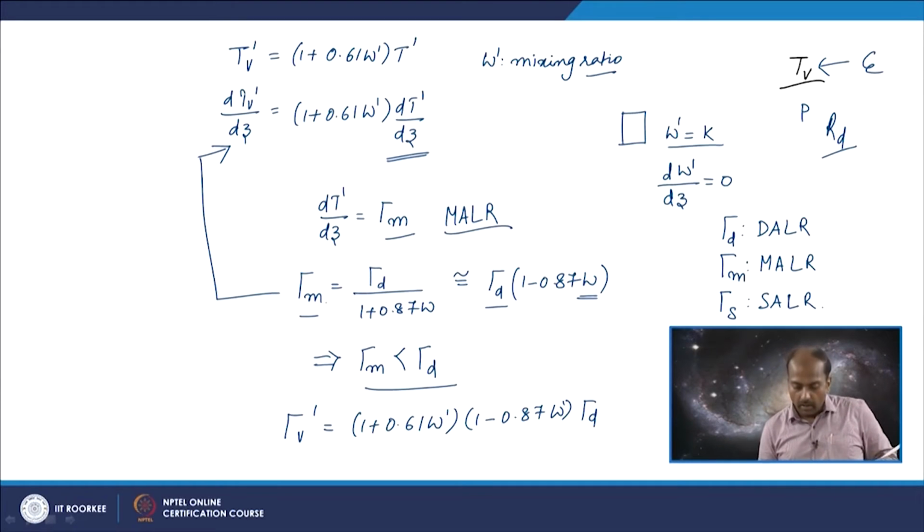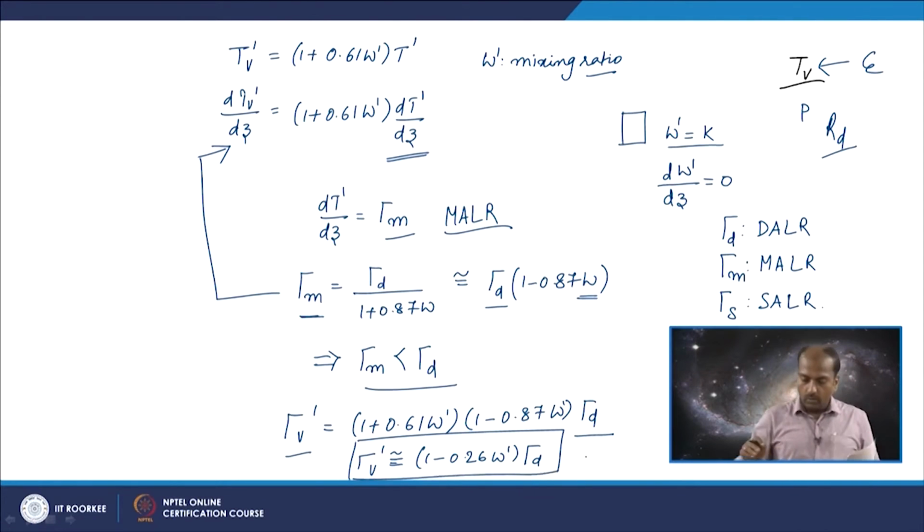Now, by including gamma m, the moist adiabatic lapse rate, we have brought a relation between the virtual lapse rate of the air parcel and the dry adiabatic lapse rate, right. So, we can write gamma v prime is approximately equal to, neglecting the small terms, 1 minus 0.26 W prime times gamma d.